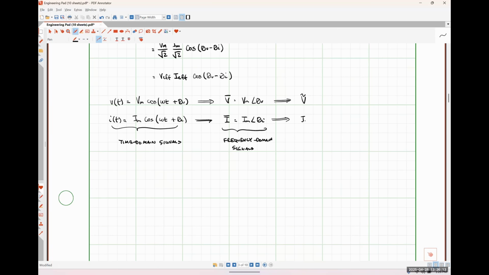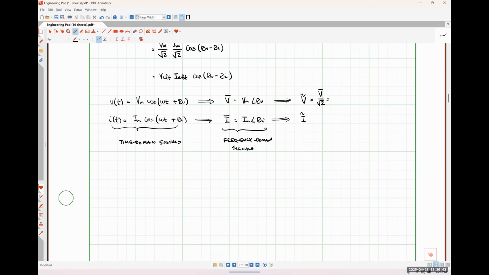Similarly, I'm going to have a current phasor, I with a tilde over it. This RMS phasor voltage is defined to be simply my phasor voltage V divided by the square root of 2, because if I have a single frequency of excitation, the effective value of my sinusoidal voltage is just the magnitude divided by the square root of 2.